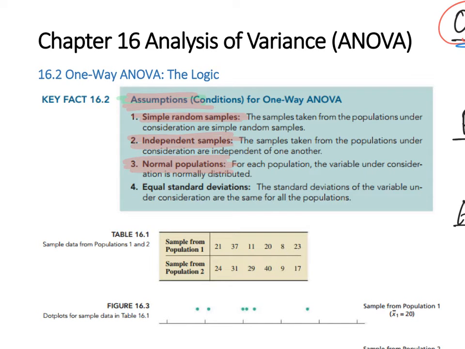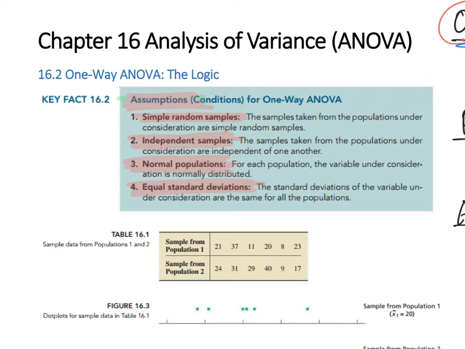As in many procedures, we assume normal populations. And the last one is equal standard deviations. You know, it is the same thing. The equal standard deviations or equal variances, that is the same thing. To remember the assumptions in the pooled t-test.